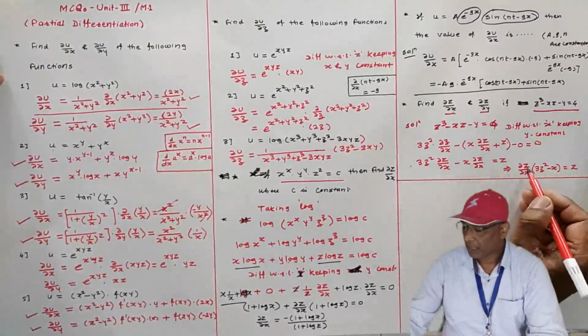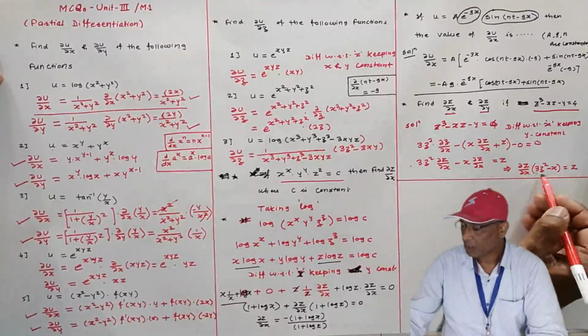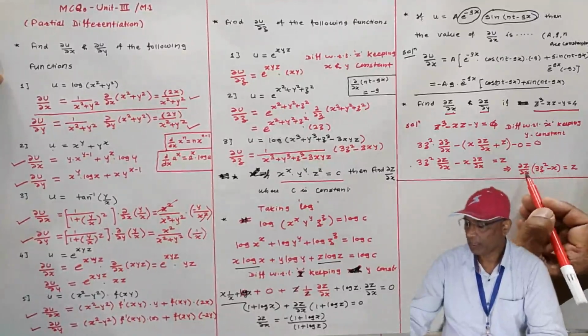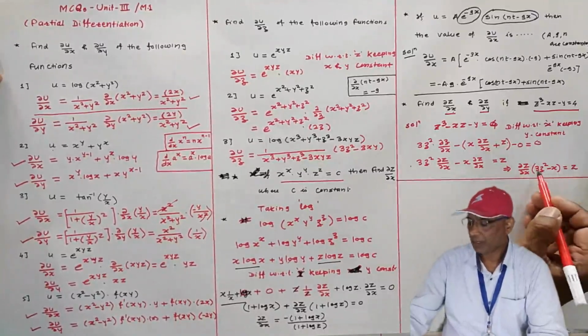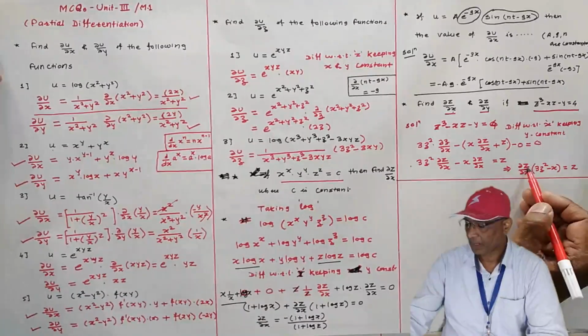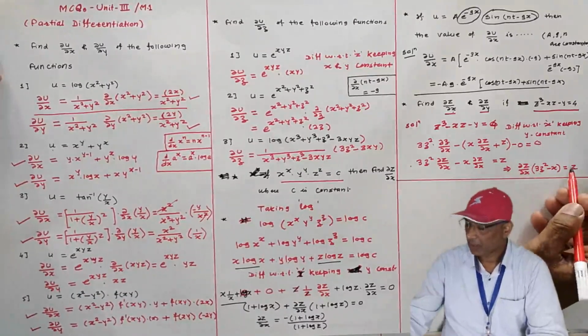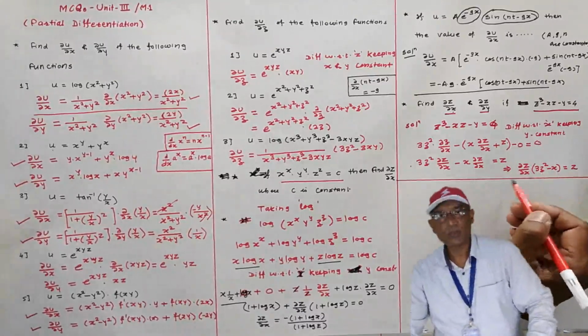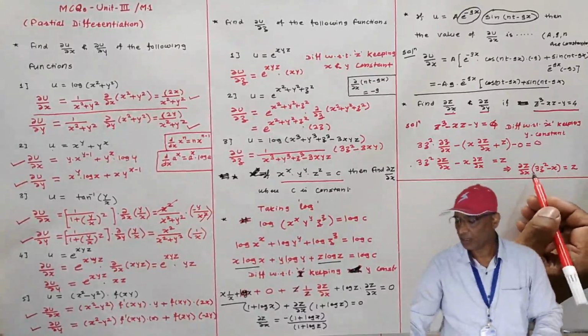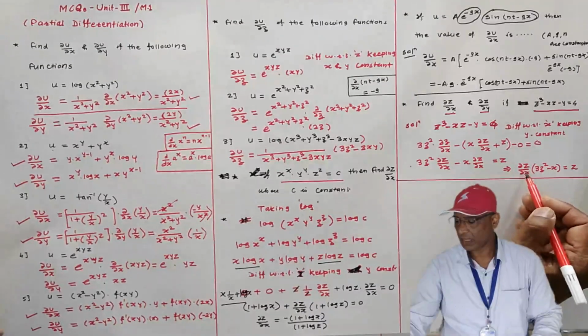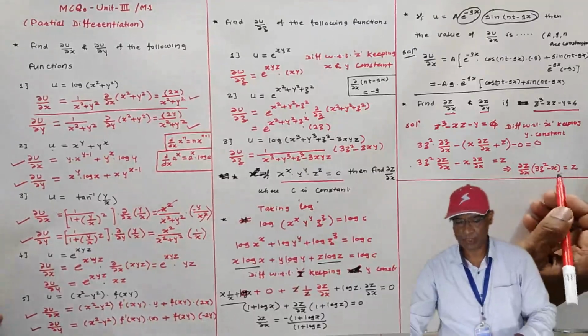Therefore, del z by del x will be what? Take this bracket in the denominator. Del z by del x will be z divided by 3z square minus x. Okay, here we don't have sufficient space, so the last step I have not written. Del z by del x is z by 3z square minus x.